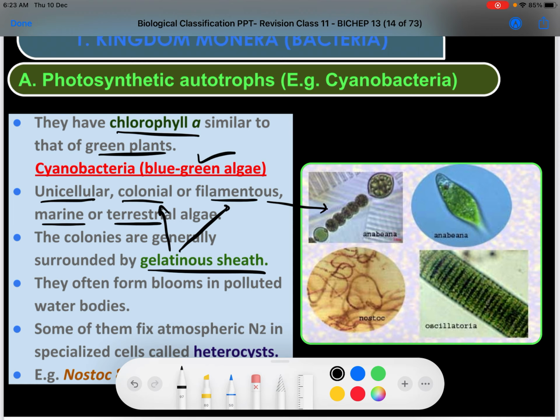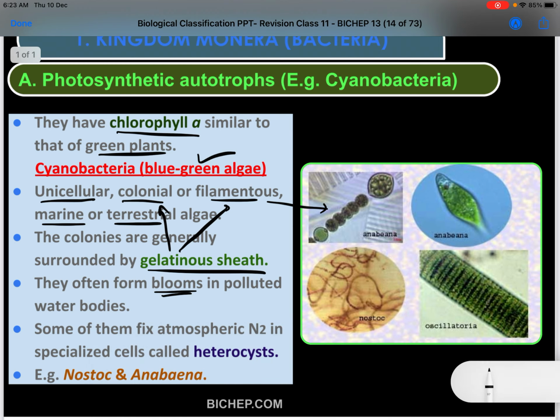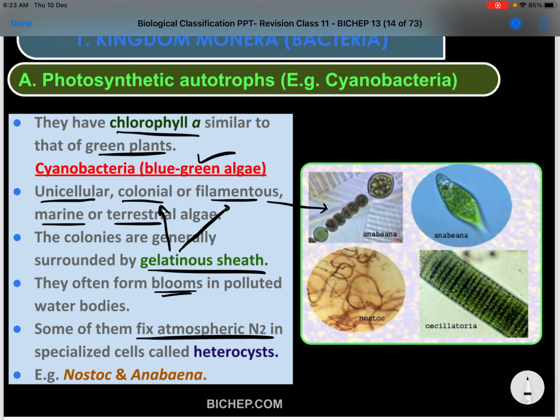Ready? So they often form blooms in the polluted water body. Very large blooms are found on the water which is getting polluted. Now some of them are fixing the atmospheric nitrogen, right, in a specialized cell called heterocyst. This is the heterocyst which is present here in the diagram. Ready?